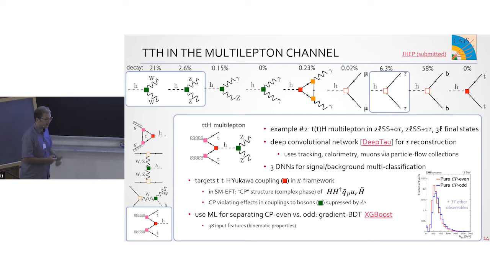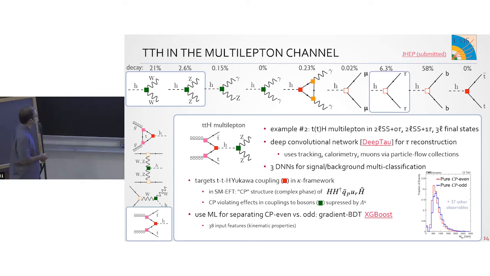Now we are in a TTH signal selection after some MVA cuts, and the analysis targets the Yukawa coupling, the red dot here. The SMEFT modification of the Yukawa coupling here is an operator that is not real, so its coefficient in the Lagrangian can be a complex number, and the complex phase is related to CP violation. CP violation is that standard model symmetry that's intimately related to the matter-antimatter asymmetry. It is very interesting.